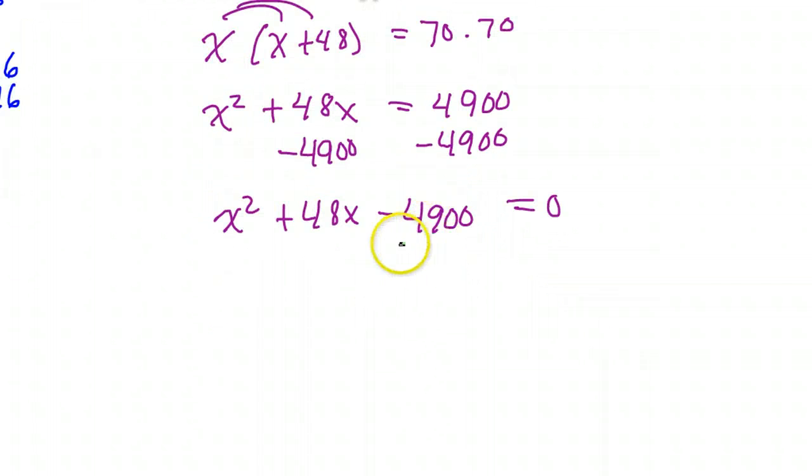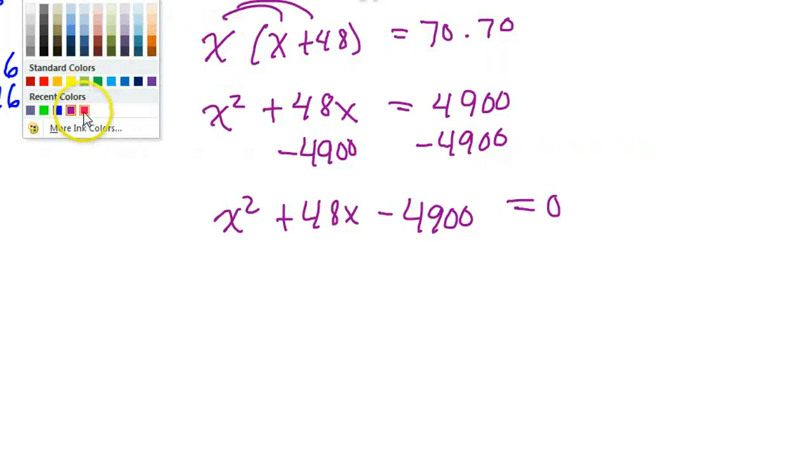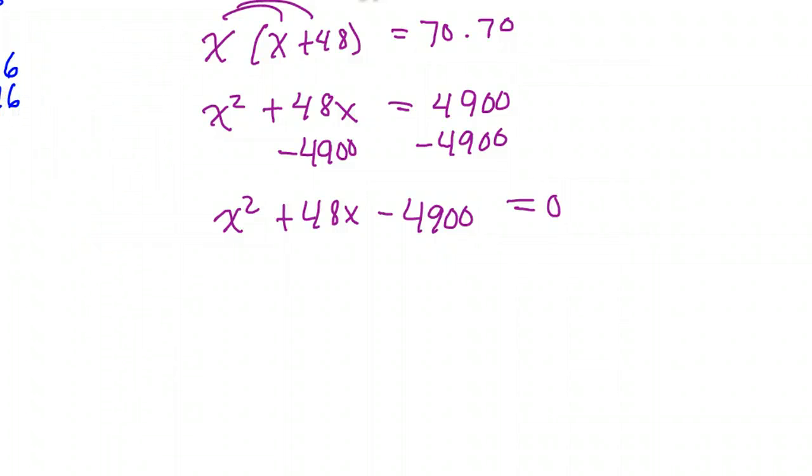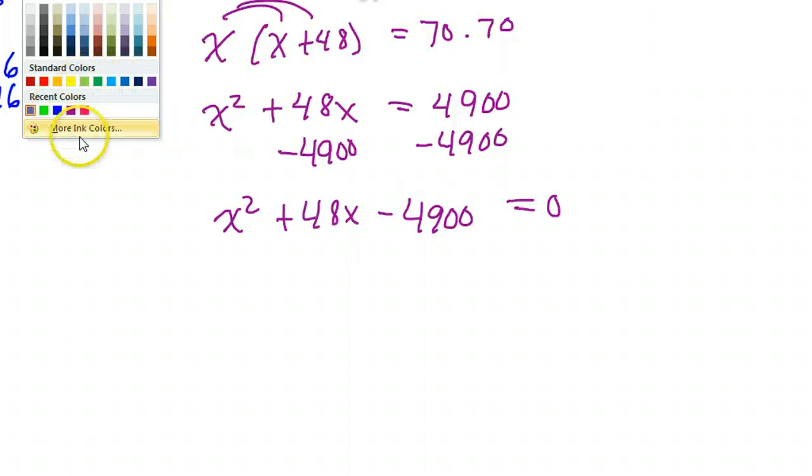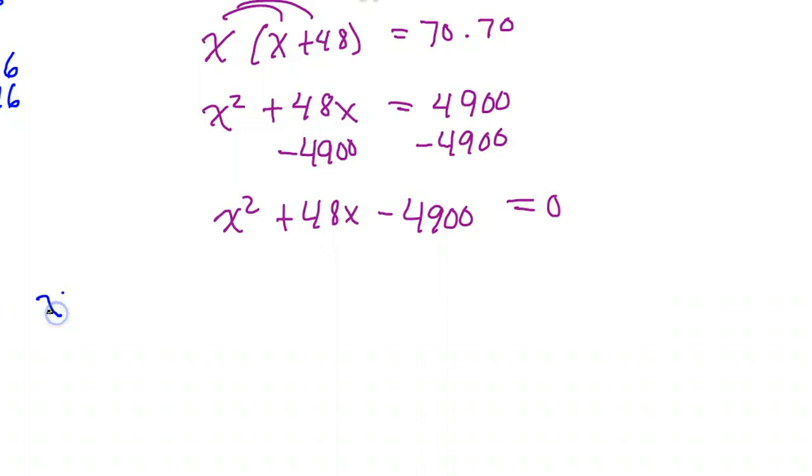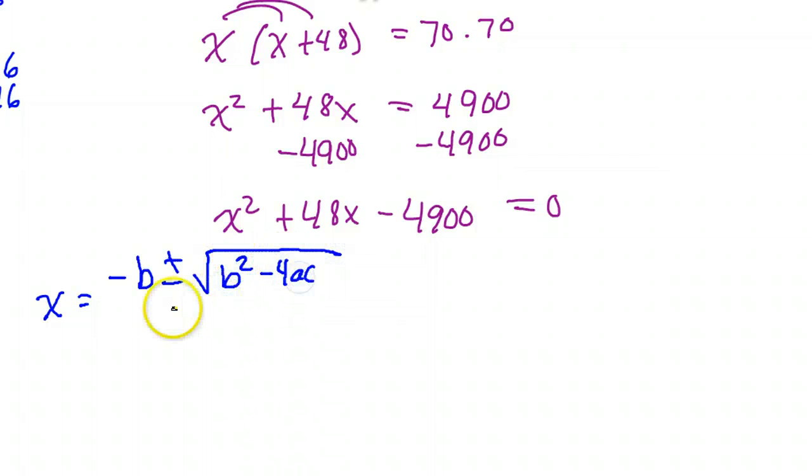Well, with a number that big, I'm really liking the idea of using the quadratic formula. So that is what I'm going to do, my friends. Remember, the quadratic formula looks like this. It goes x equals opposite of b plus or minus square root b squared minus 4ac all over 2a.